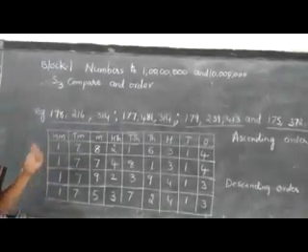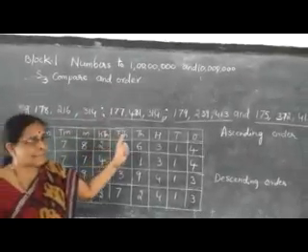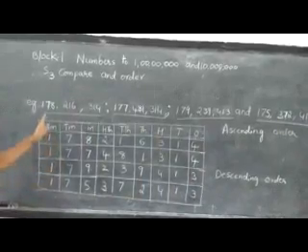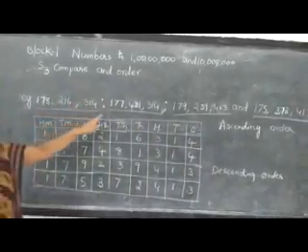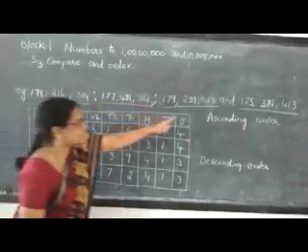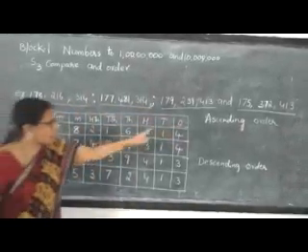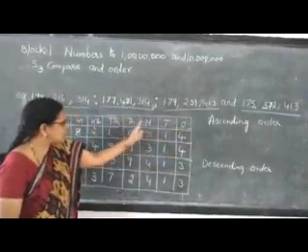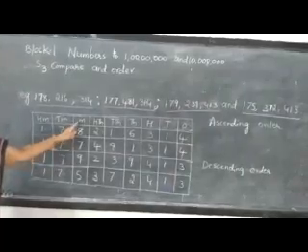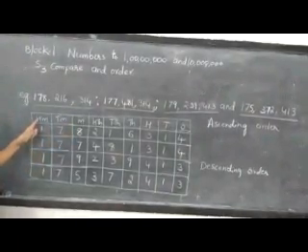I will show you how to arrange the numbers in ascending and descending order. See, first you children check here. In this set of 4 numbers, all have 9 digits. So first we write the table: ones, tens, hundreds, thousand, 10,000, 100,000, millions, 10 millions, 100 millions.